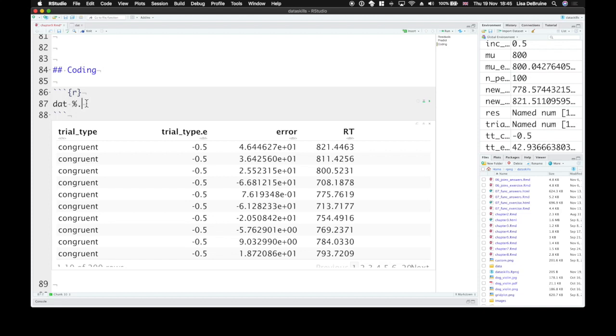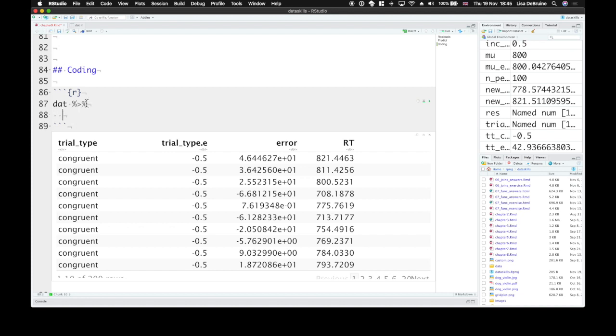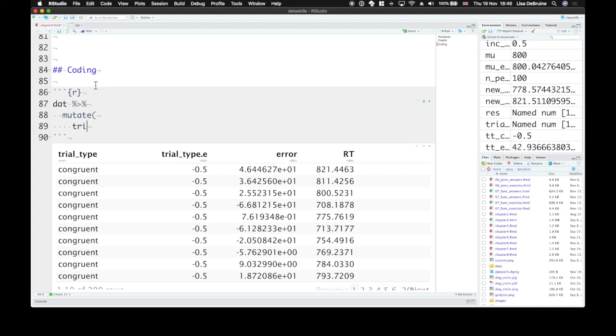Let's add two new codings to our table. So we'll use the mutate function and we'll code trial type with sum coding. So this is where you code one level as positive 1 and the other as negative 1.